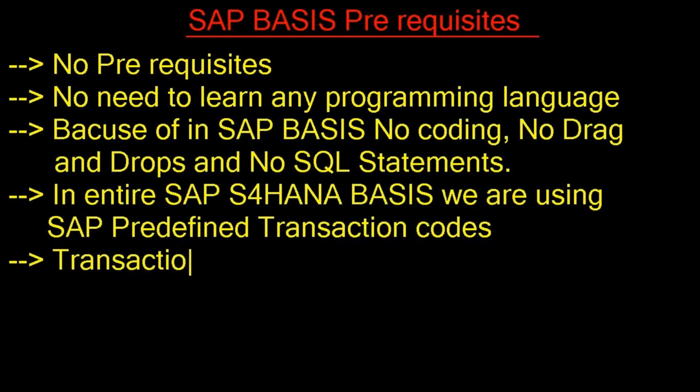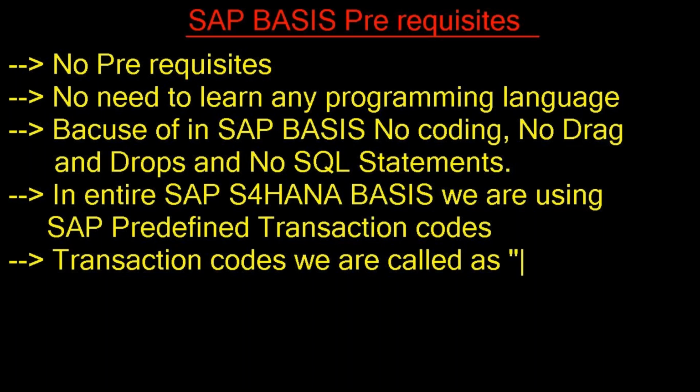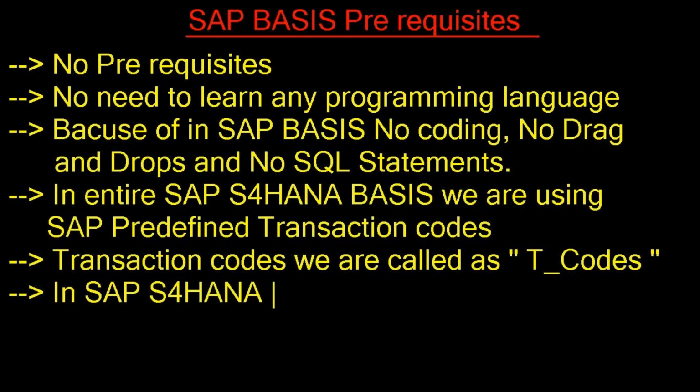Transaction codes we are called as T codes. So in SAP basis, S4HANA basis, we have 45 T codes.